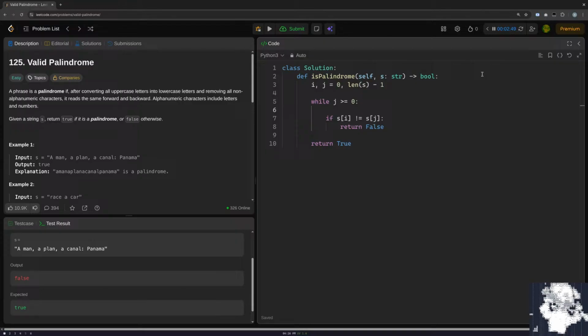non-alphanumeric characters. So let's just say left equals s of i dot lower, right equals s of j dot lower.